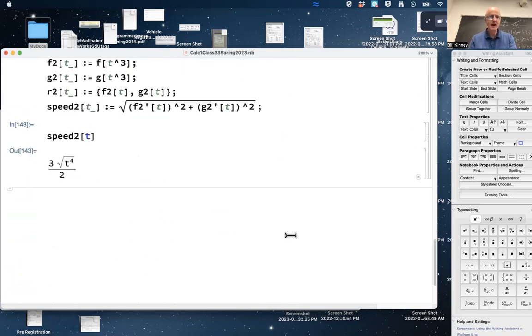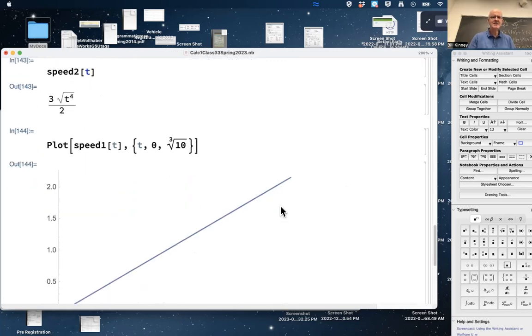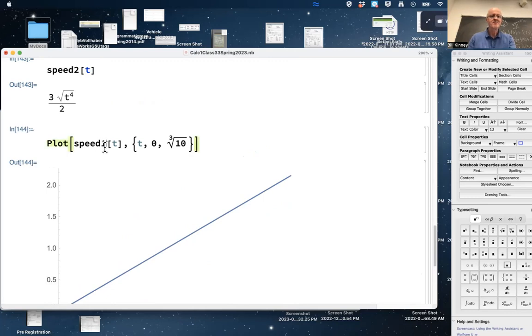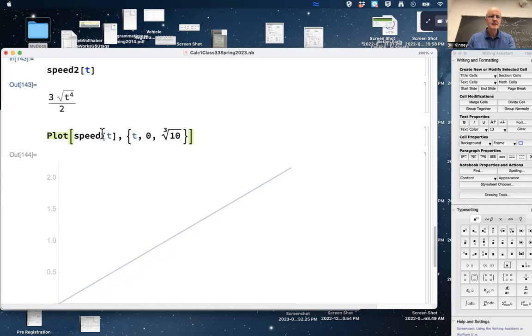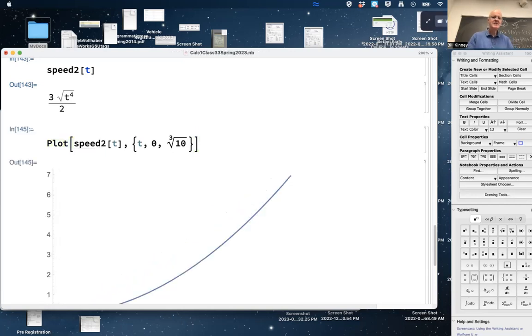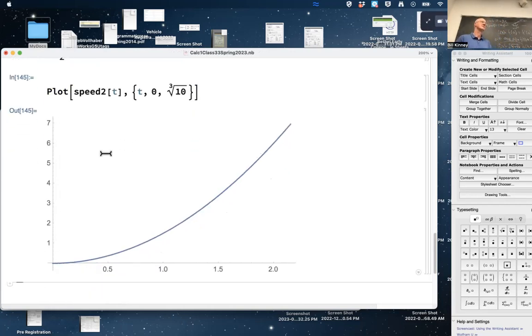Yes, as long as I pick the right endpoint, it's no longer square root of 10, it would be cube root of 10, excuse me, because I replaced t with t cubed. But the graph is, oops, speed 2. The graph is no longer a line, it's a curve.